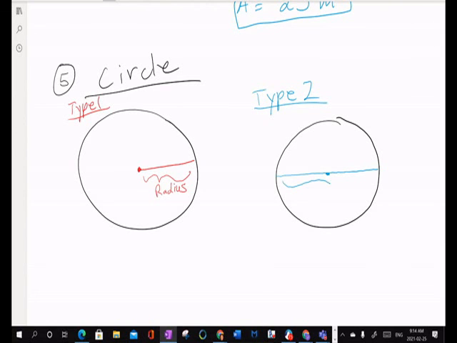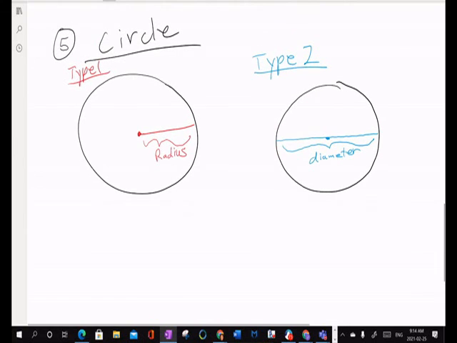We call this the diameter. Now, that's all you need to know. Okay? Now, based on these two things, we have our first concept of the day called circumference. Now the circumference is the outside border of the circle.